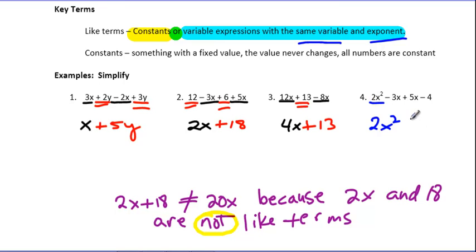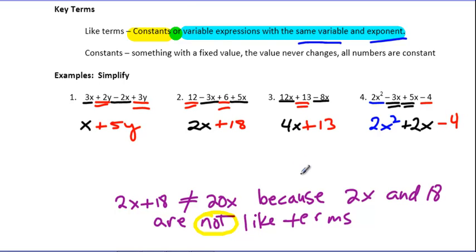Then I have these regular x's. These are like terms, and I'm going to follow the integer rules. Different signs, subtract, and keep the sign of the bigger number, positive 2x. And then the last thing I have is my constant, negative 4. There is no other like term there, so I just write negative 4 or minus 4.